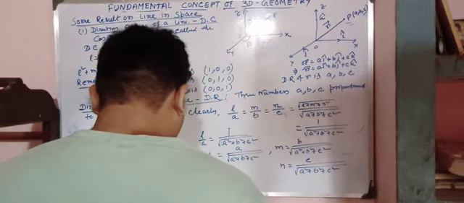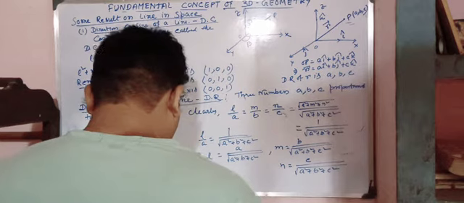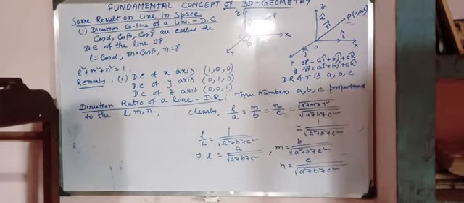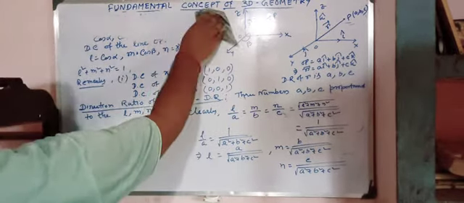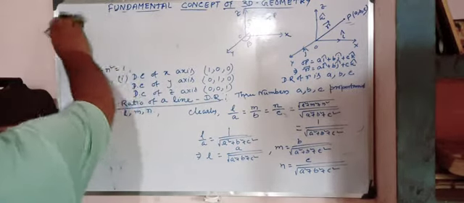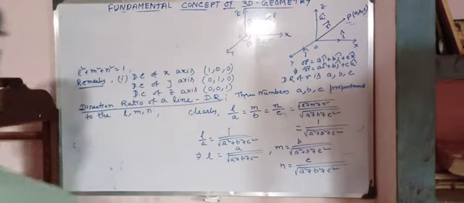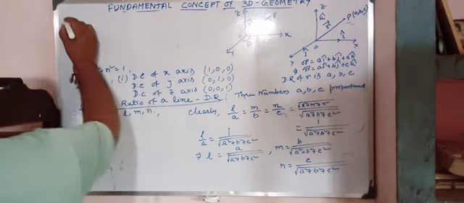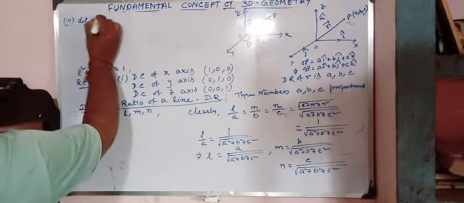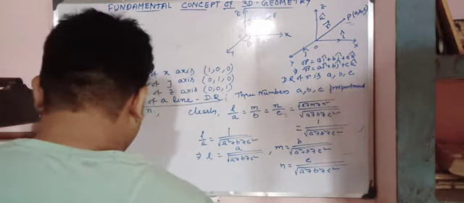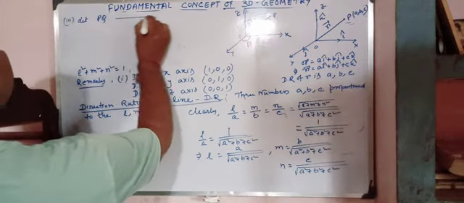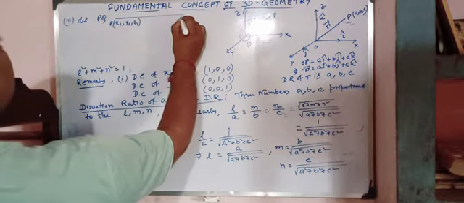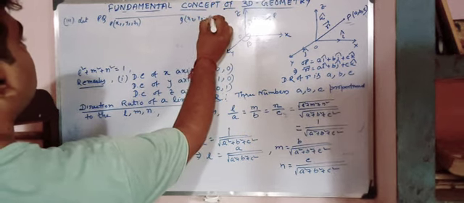Next, move to another thing. Let PQ be a line joining the points x1, y1, z1 and x2, y2, z2.